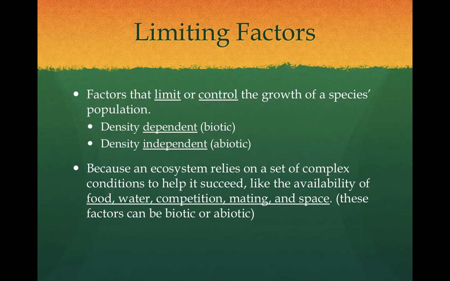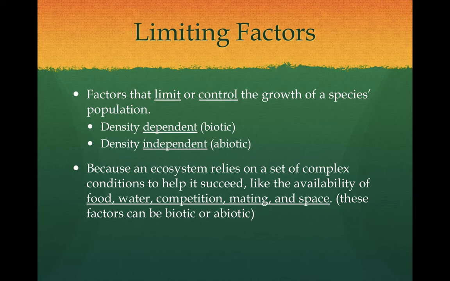What keeps a population of deer, or whatever the organism is, in check to keep it from growing outside of the resources that are available to it? We call those limiting factors, density dependent and density independent. If you notice on those two terms, I put biotic versus abiotic.